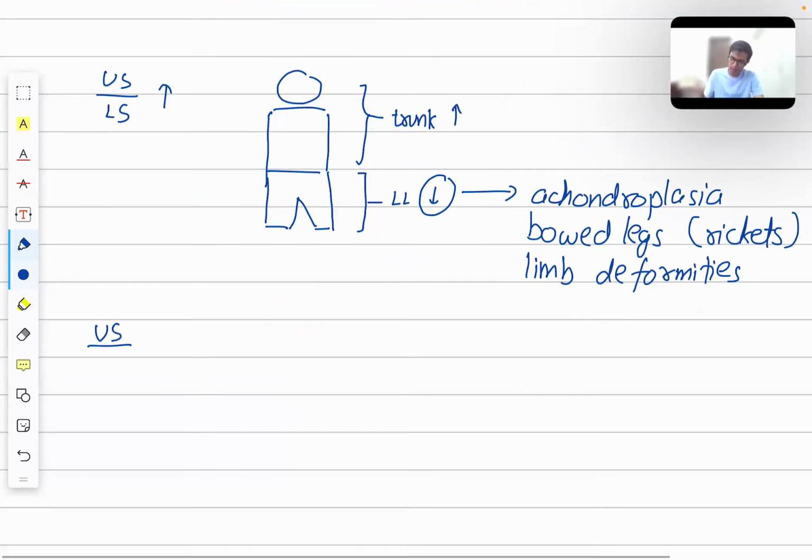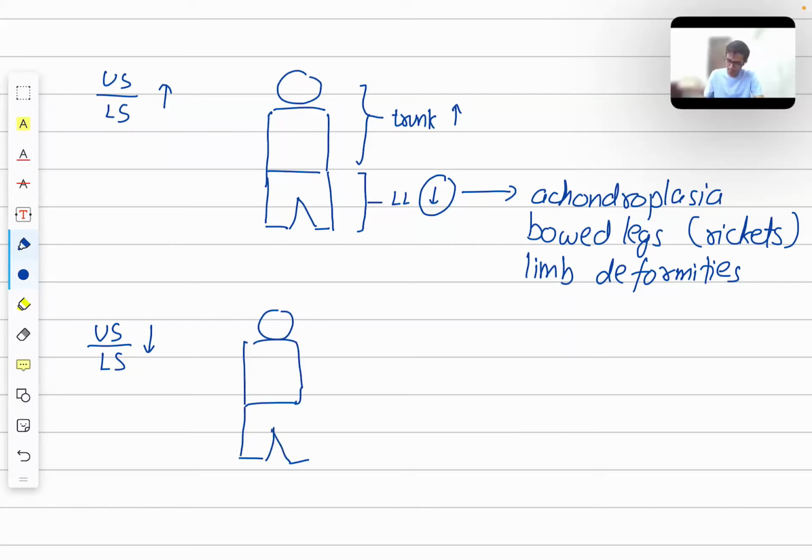In what cases will the US-LS ratio be lesser than normal? Either the trunk has to be shorter or the lower limbs have to be longer.